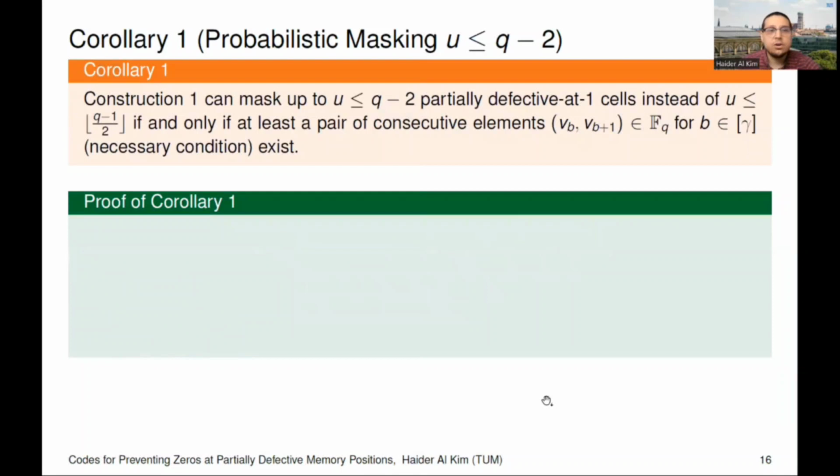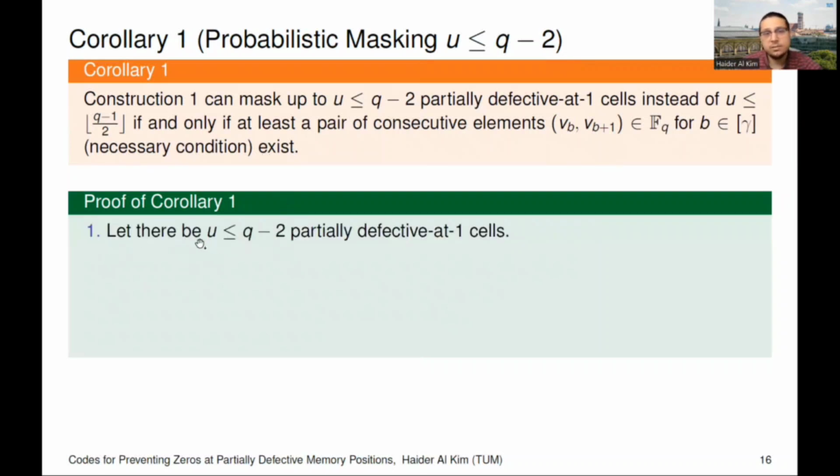Okay, so corollary 1: we can do better in terms of more masked cells, so we can achieve U at most Q minus 2, which is higher than construction 1, which is floor of (Q minus 1) over 2, if and only if at least a pair of consecutive elements v_b for v necessarily exists. And this is not very hard to show.